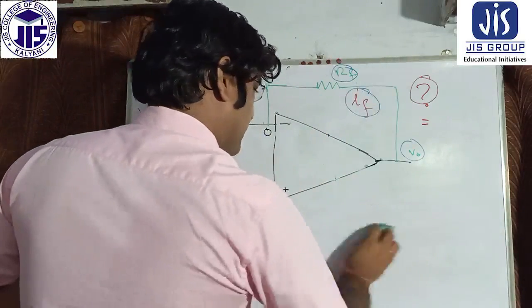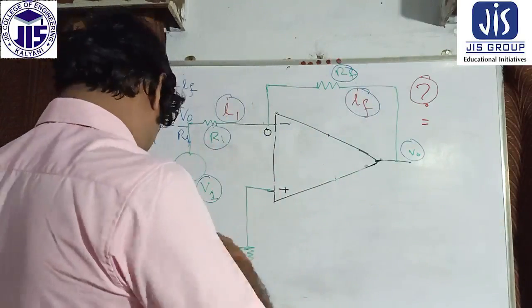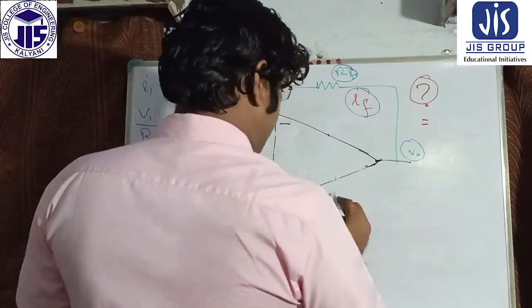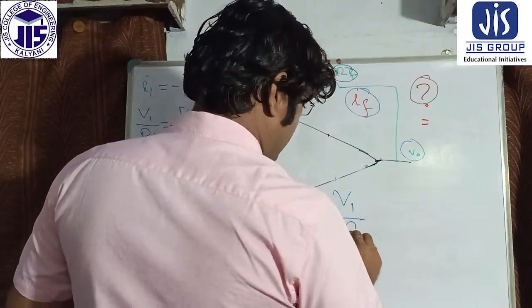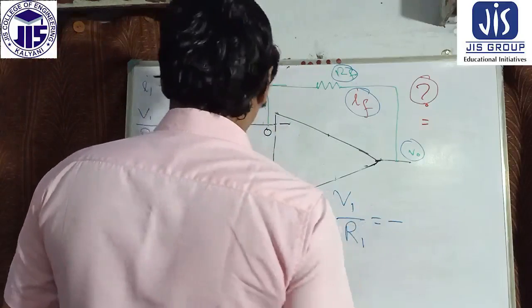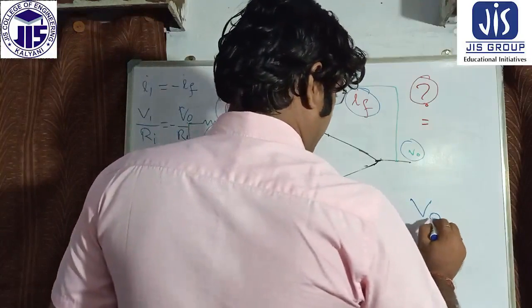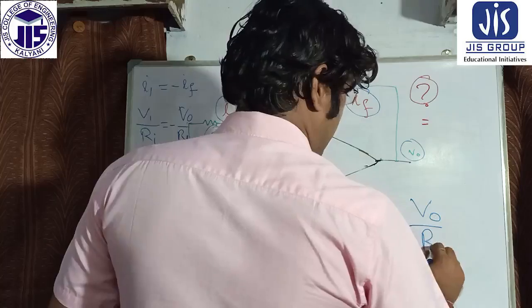That is, V1 by R1 equals minus V0 by RF.